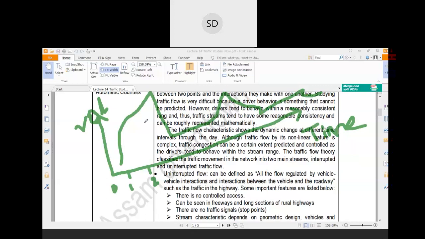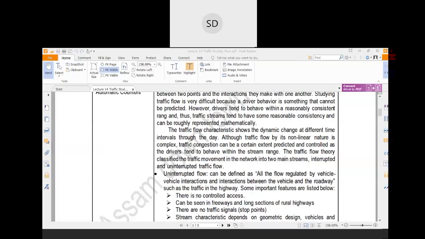There will be two peaks in the traffic volume data. One peak is called the morning peak and the other is called the evening peak. This morning and evening peak is basically due to the morning and evening office rush hours.